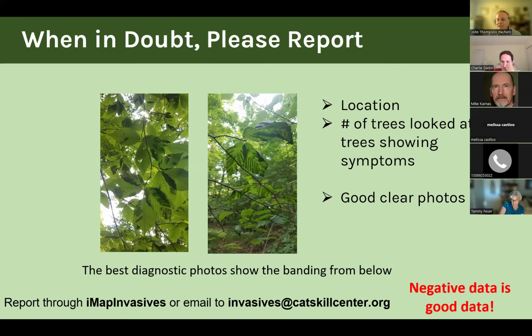The best way to do that is from photos from below the leaves. So you stand maybe at the trunk of the tree and you're taking a picture looking up from underneath the leaves with some backlighting so that then you can see the banding to pick out the light severity. If you're doing this through iMap Invasives, that's awesome because you'll already have the location. I'll get notified when you submit a record.